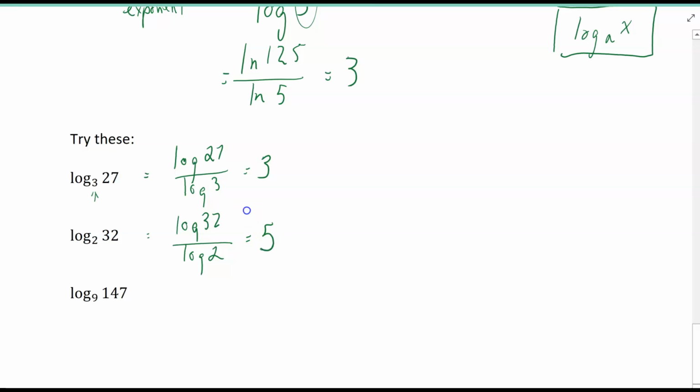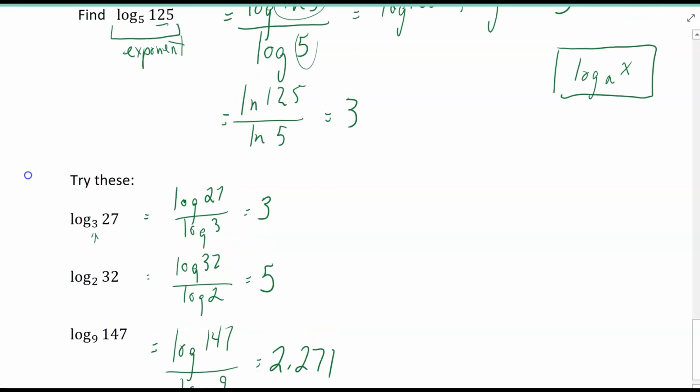And that is 5. And this one will be log 147 divided by log 9. That is 2.271. And that's how you find logarithms of all other bases.